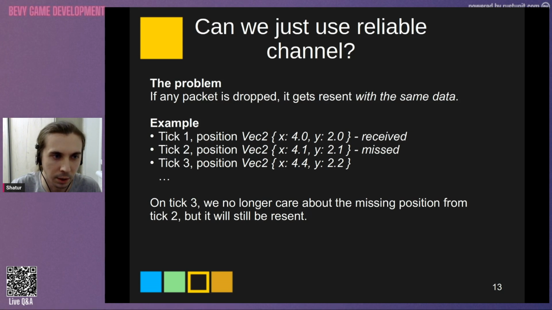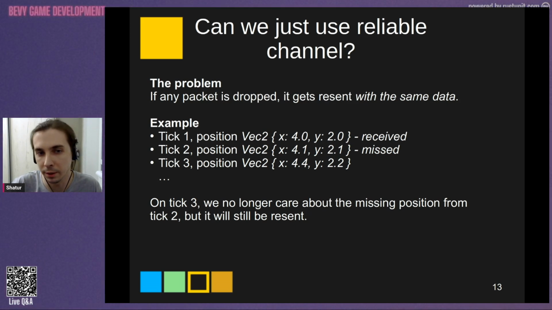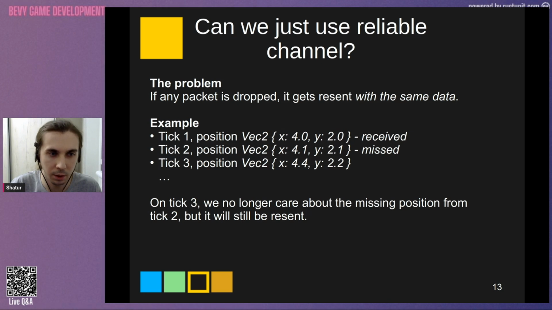Let's take a look at this example. On the first tick, we have position X, and we receive it. On the next tick, we might have a different position, and we missed it. The packet didn't arrive. And on the next tick, we have a new position.